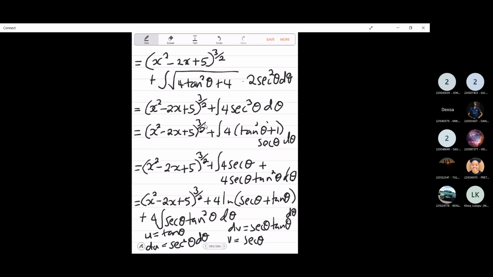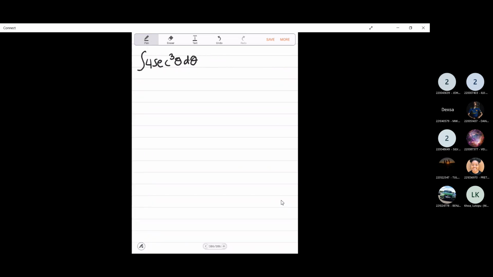And then we'll add this answer here because this we've already integrated. So we've done all this, and now we're here. We're saying that the answer is 4 ln of sec theta plus tan theta. This is 4 ln of sec theta plus tan theta.